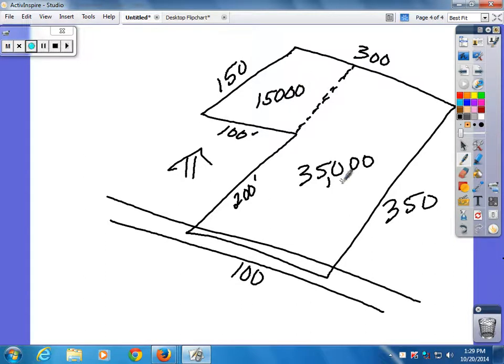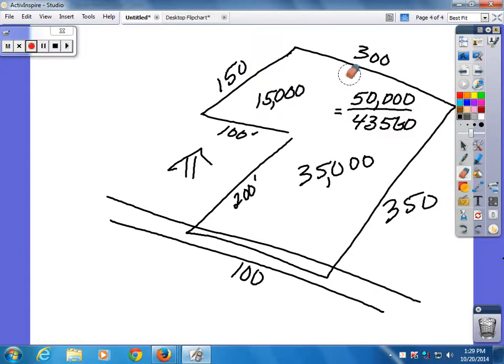So that's 35,000 and 15,000 is what? 50,000. Somebody take 50,000 with your calculator and divide by 43,560. What do you get? 1.147 acres. 1.15 acres.